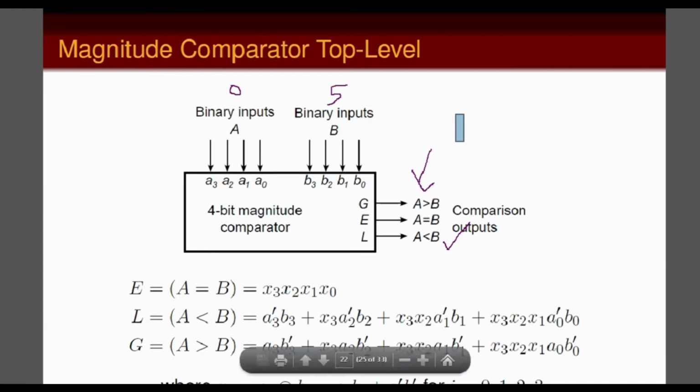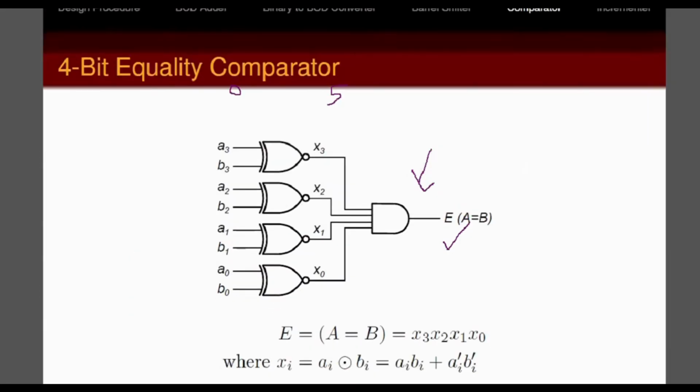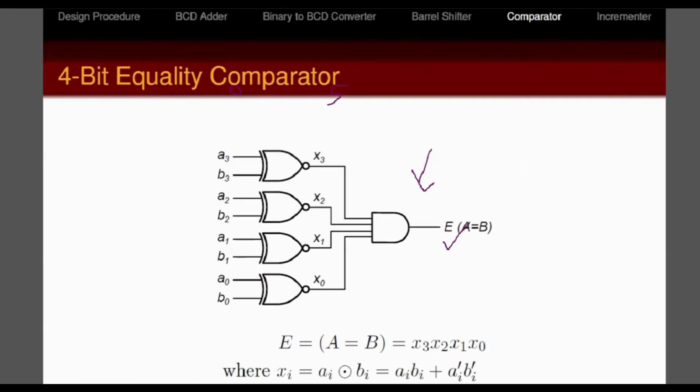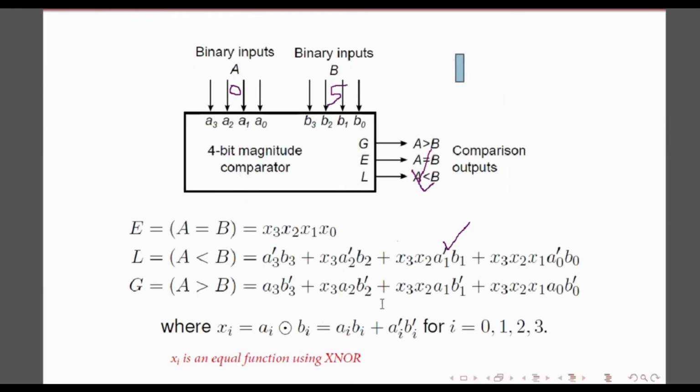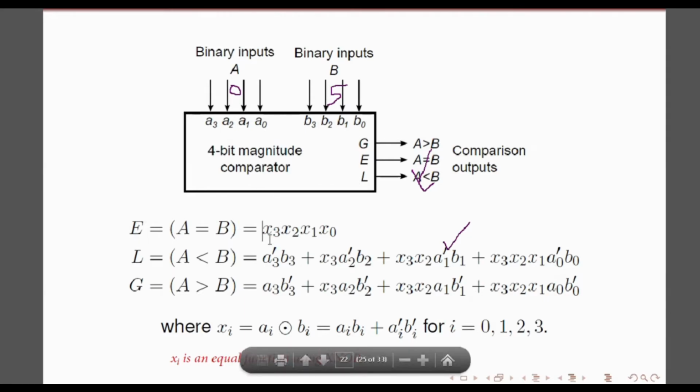Now, the equation. If you remember your Boolean algebra from last subject, for A equal to B, the equation is x3, x2, x1, x0, where x is actually Ai.